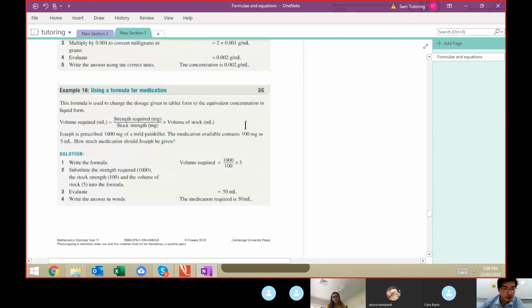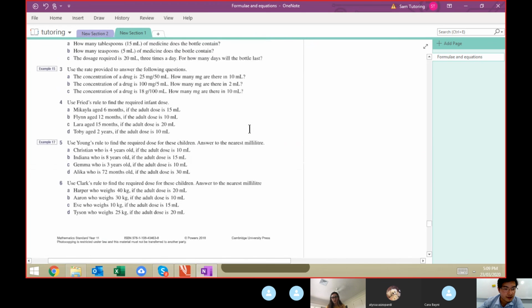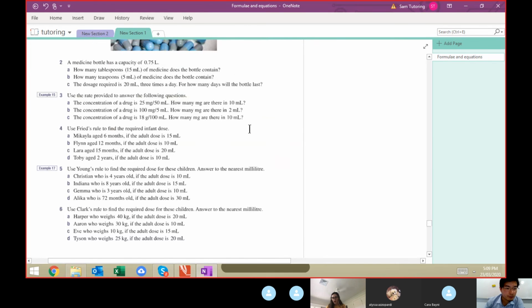I just want to see where you guys are at, so we'll do a random example from each formula. We've got question 4 to question 6, but we won't do every single question. We just do question B, question D, and question A.